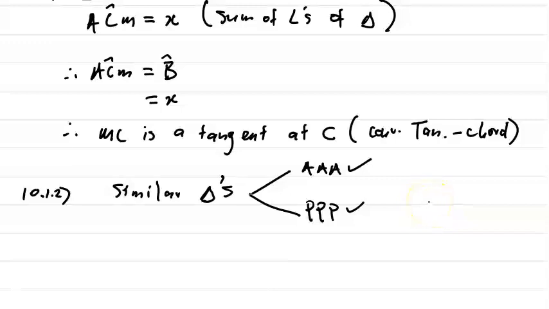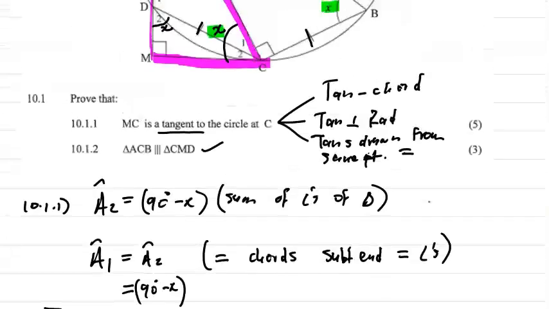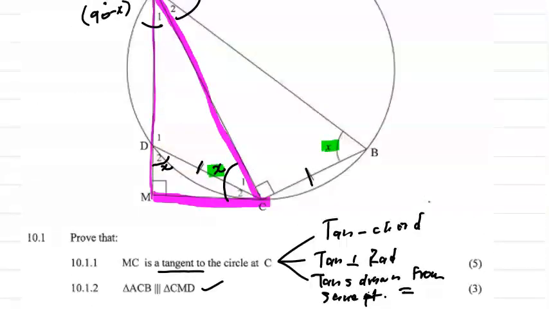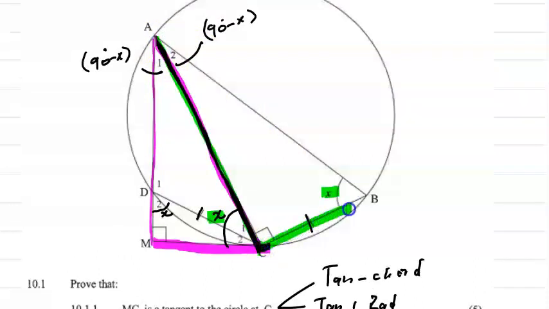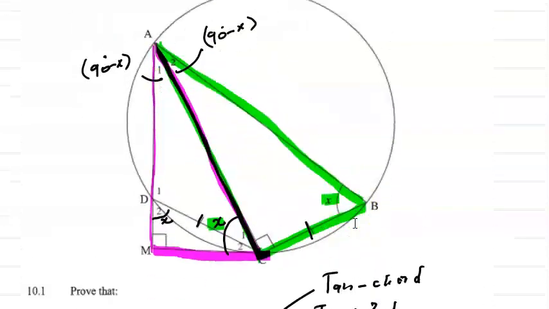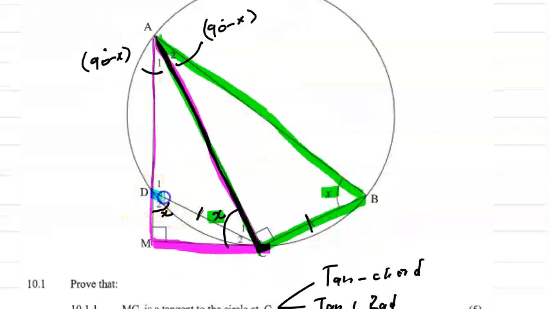So let's look at the two triangles, ACB and CMD. ACB is that one there. Let's use a different color for the other one, which is CMD. CMD is this triangle here.